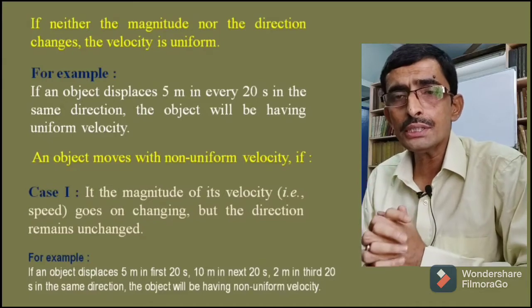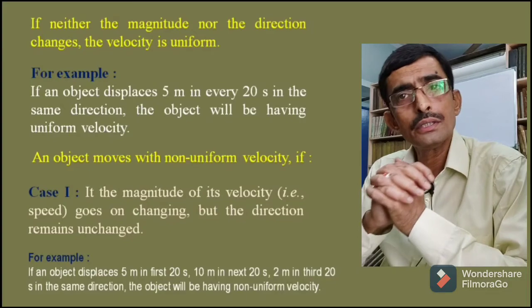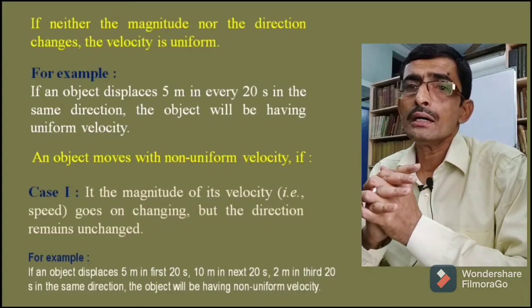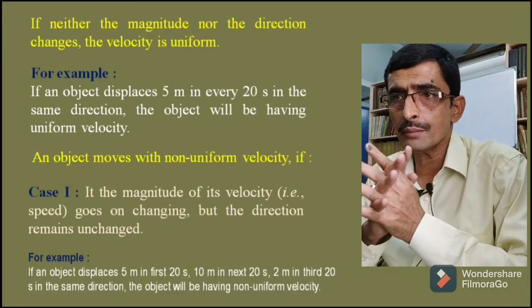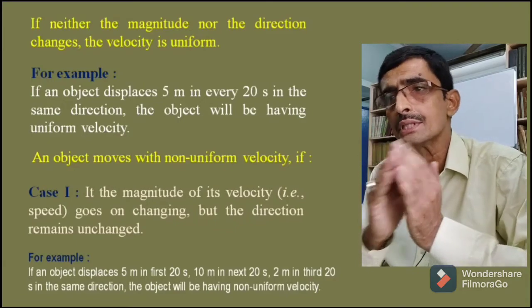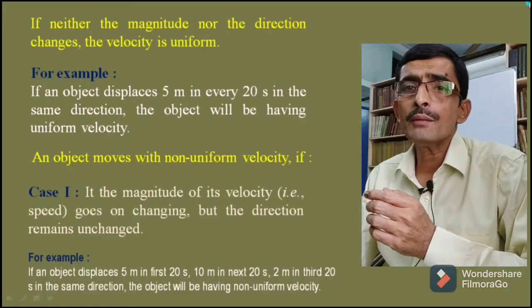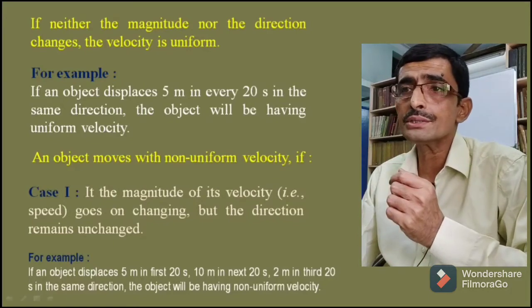Time is not changing, and the direction is not changing, but its displacement is changing, meaning the length of the path it covers goes on changing. In this case the object will have non-uniform velocity.